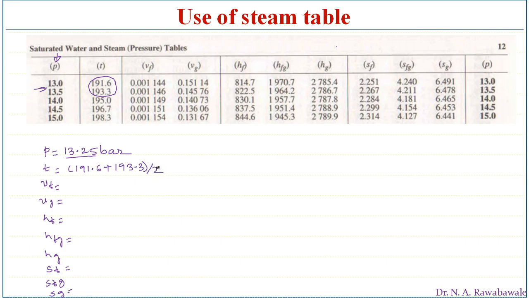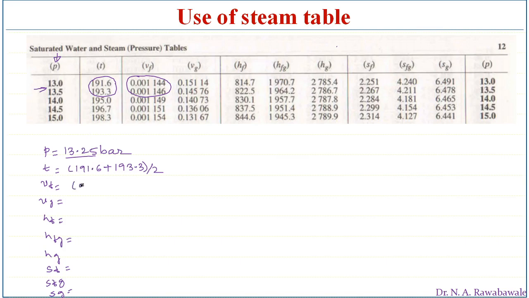The average of these two will give us the temperature. Then Vf, we find the average of these two. Because 13.25 is between 13 and 13.5, it is the average of 13.5 and 13. Therefore we are going to take the average of these properties.